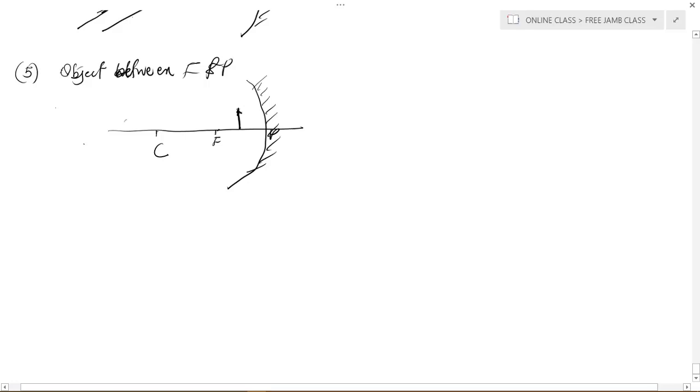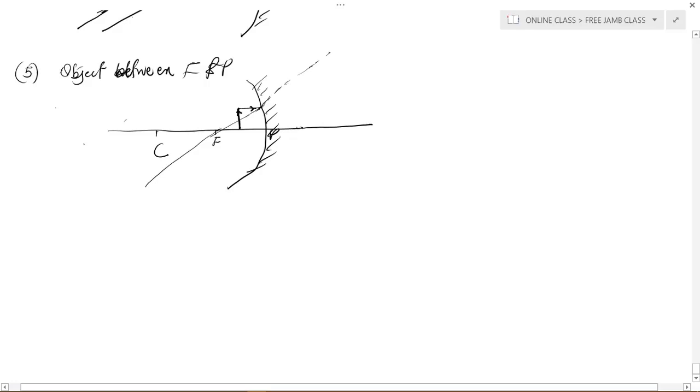So this ray here goes like this. Instead of passing through, it reflects backward. It appears at the back.